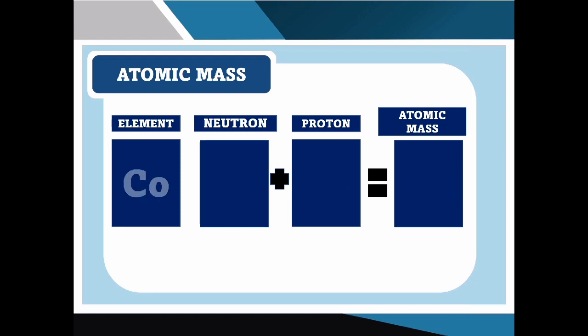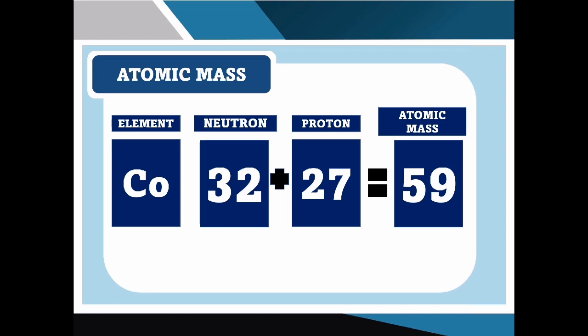And a cobalt atom which has 32 neutrons and 27 protons has an atomic mass of 59. 27 plus 32 is equal to 59.